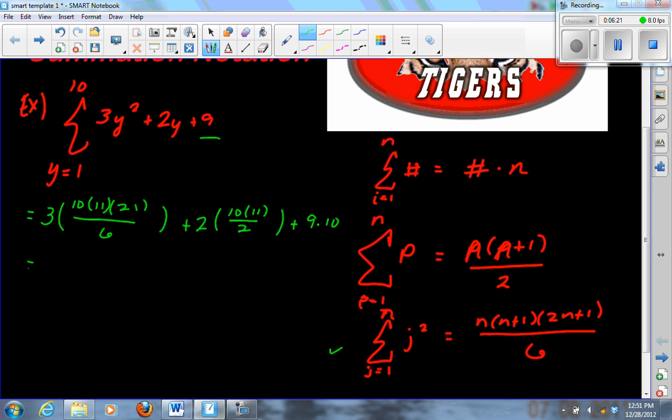And then you just have to crunch these in your calculator or in your head. You know, you could mark these out. Reduce here. 10 and 2 would reduce. This would be a 5. So, I mean, you could do this in your head or in a calculator. And either way, you'll get 1355. So that's a lot quicker than actually adding all of those up.